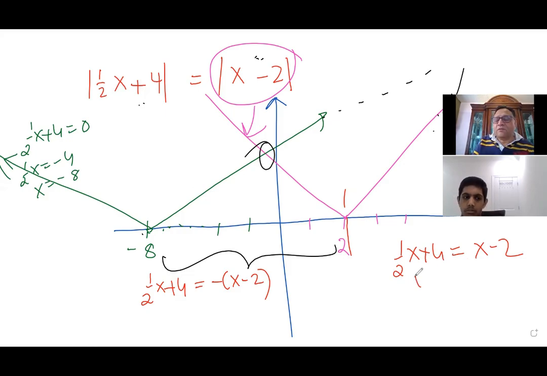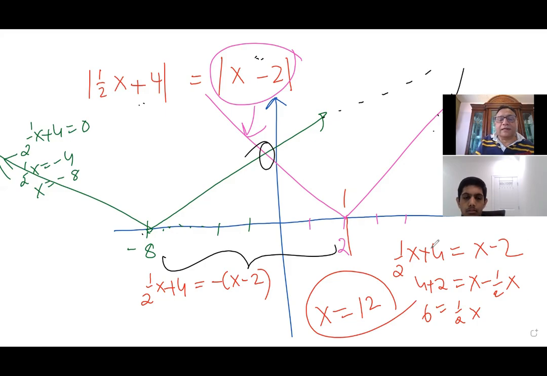So I will say 4 minus 2 comes here plus 2, x minus half x, and so we have 6 equals half x, or x equals 12, right? I do have a solution on the right hand side, and here I have minus x. I'll bring it here. So I'll have x plus half x equals 2 minus 4, which is minus 2. And we have 3 by 2 x.